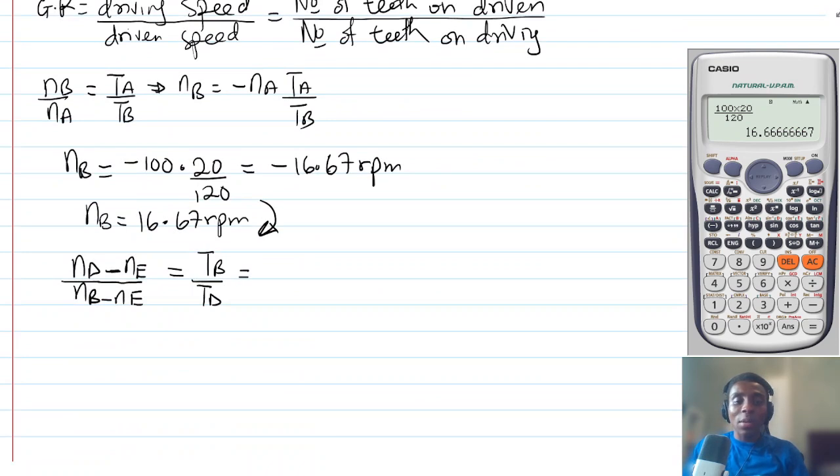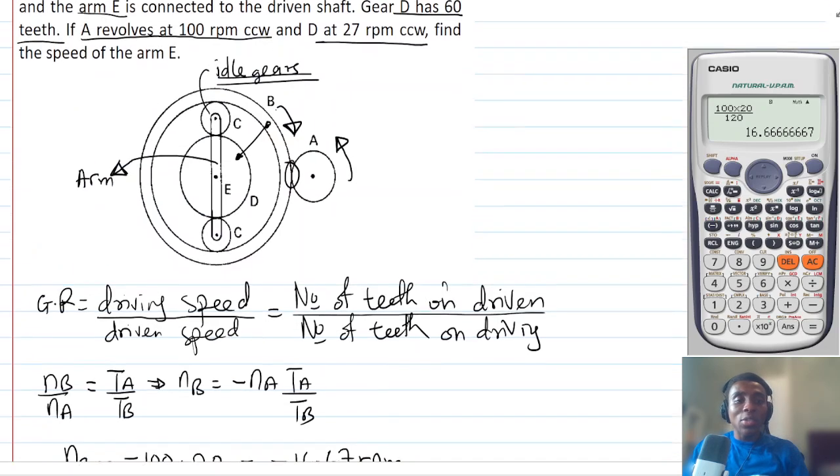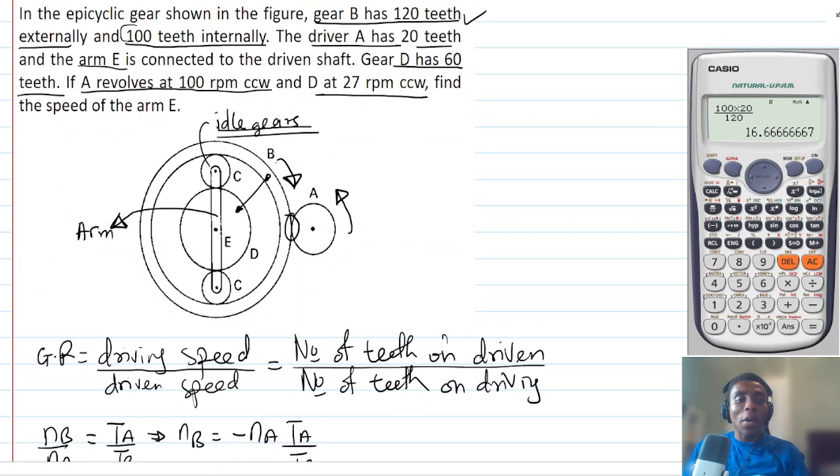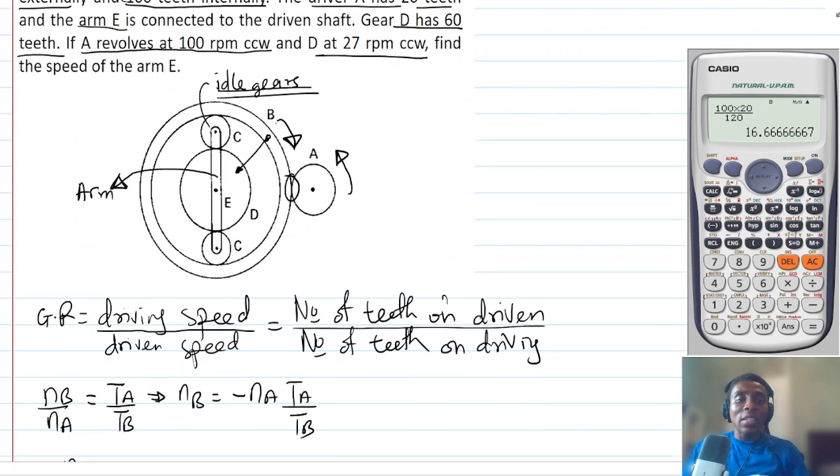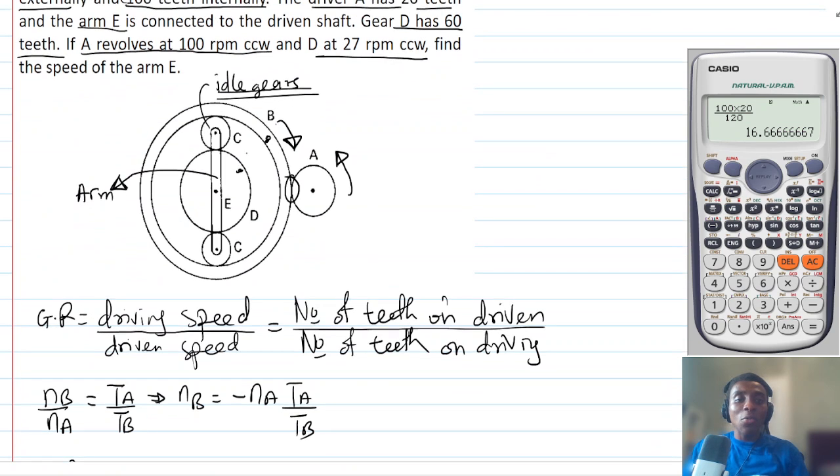So let's try and express something here. We can say that this is 100 divided by D, so D is 60. But looking at the direction, if A moves counterclockwise, B moves clockwise, it will force D to move in the counterclockwise direction.